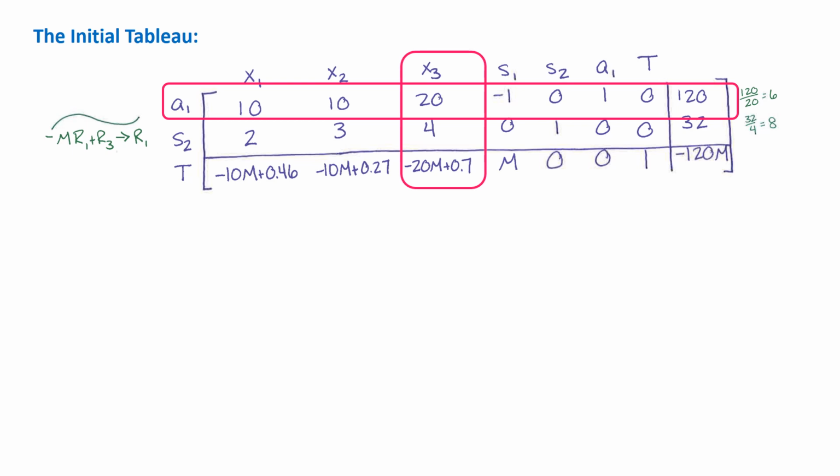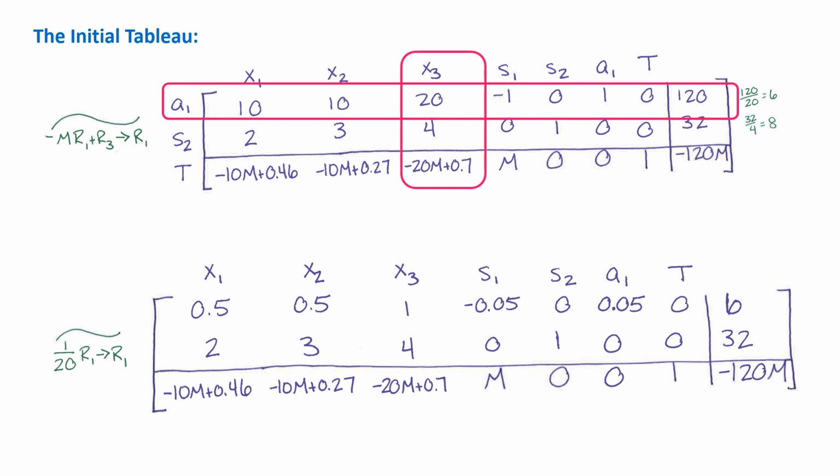So right now the pivot element is a 20. I need a 1, so I'm going to have to multiply row 1 by 1 over 20. So that gives me values 0.5, 0.5, 1, negative 0.05, 0, 0.05, 0, 6.